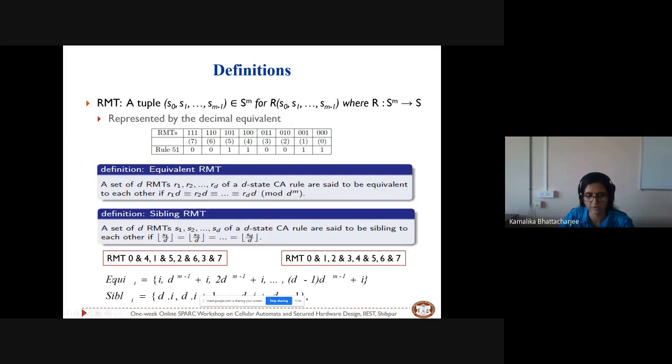These sets we call Equi-i, and i will be varying from 0 to 3 for ECA. Similarly, there are also 4 sibling RMT sets for each case: 0, 1, they are generated together at the outgoing edges of the divergent graph. Similarly 2, 3, 4, 5, and 6, 7. These are the 4 sibling RMT sets.